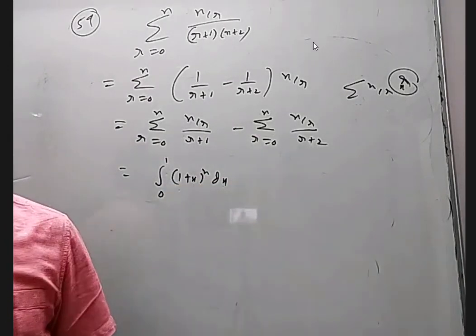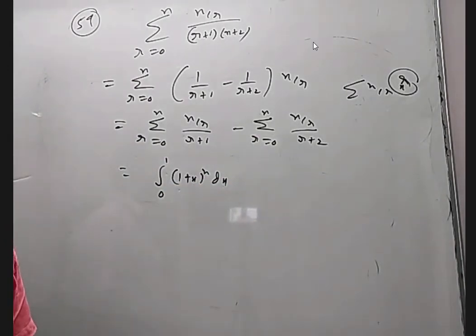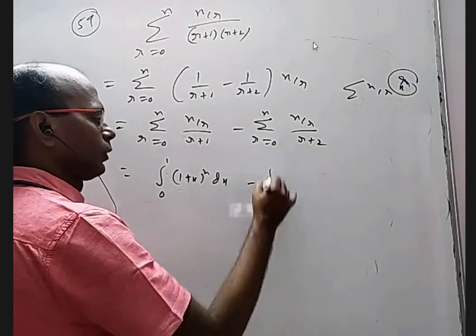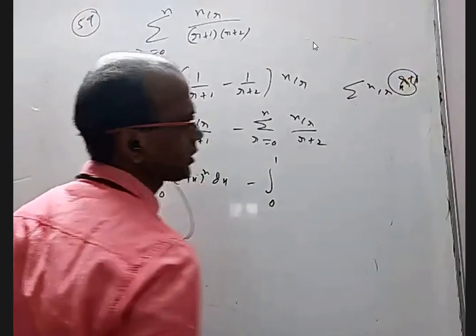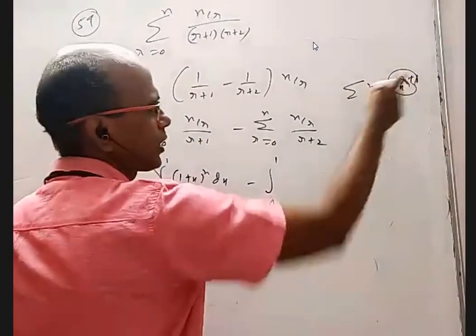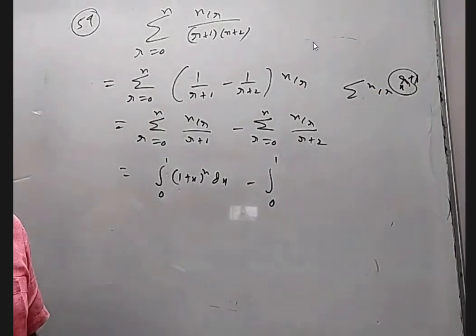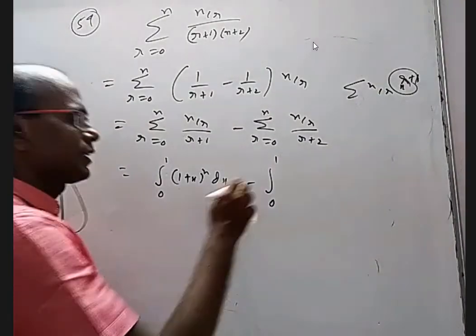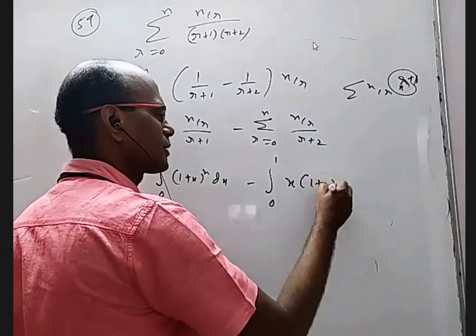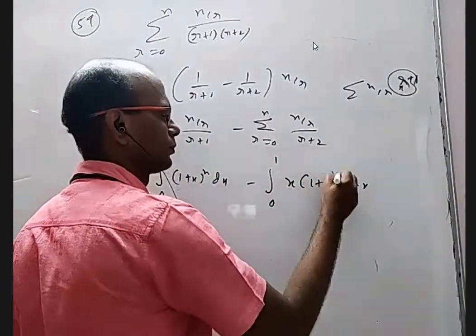How will you get it? You have to multiply with x and integrate. If you multiply with x, this will become x power r plus 1. Now integrate it. You have to take x into 1 plus x whole power n dx.